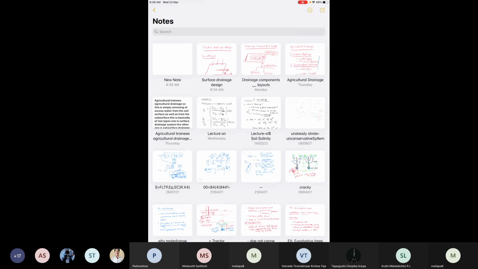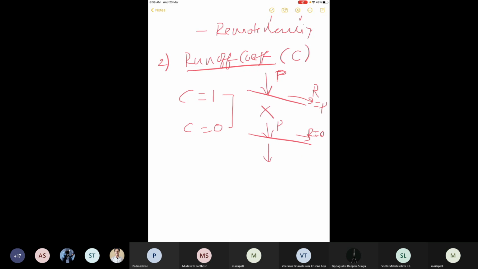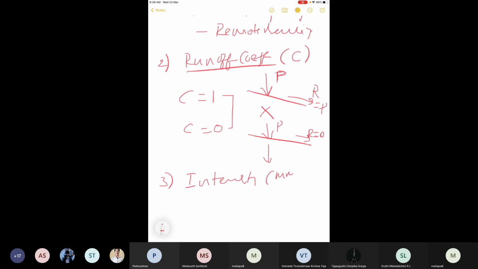Go back to the notes. Okay, so this is the runoff coefficient. And then third, as I mentioned, one is the runoff coefficient, and the third is your rainfall intensity. So for rainfall intensity, what we did, first we found out the time of concentration.